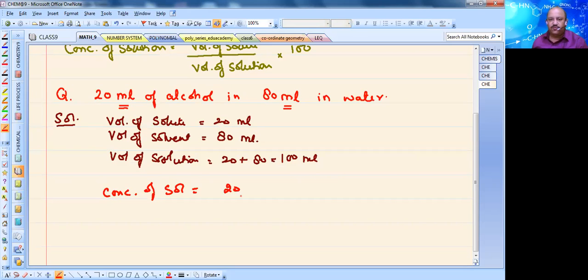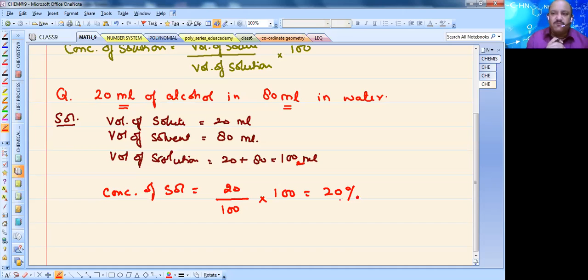What is the volume of solution? Always remember we have to write the volume of solution. It is 100. And we have to find the percent. So what answer will come? It is 20%. So the concentration of solution is 20%.